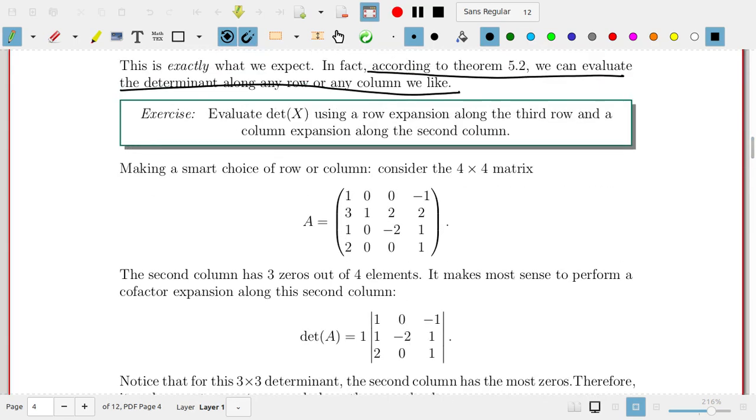So what if a row or a column of a matrix involves many zeros? For example, this one. Notice that the second column of A has 3 zeros. How do we do a cofactor expansion on the second column?